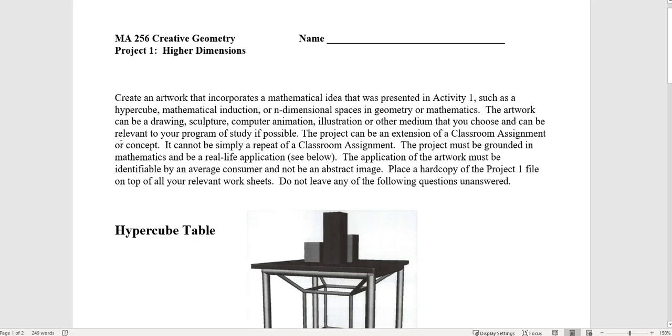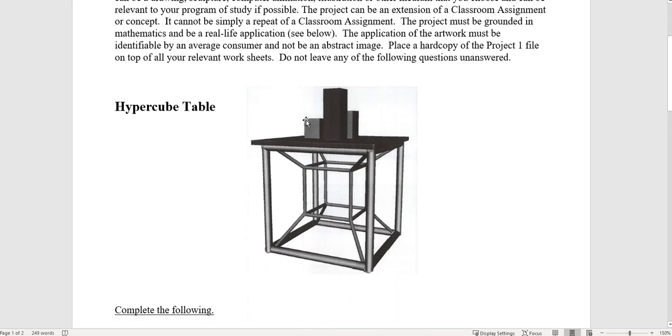So it must be grounded in math. The course is about using math to create the art or design, and then be a real life application. And it says see below here. And so the application must be identified by an average consumer and not abstract.